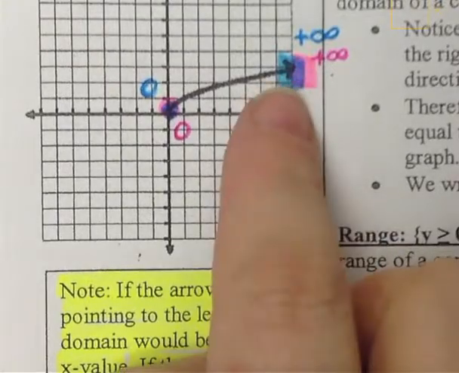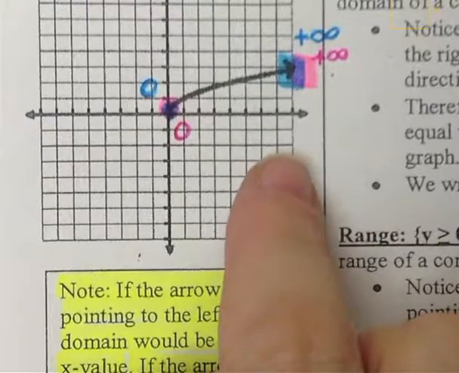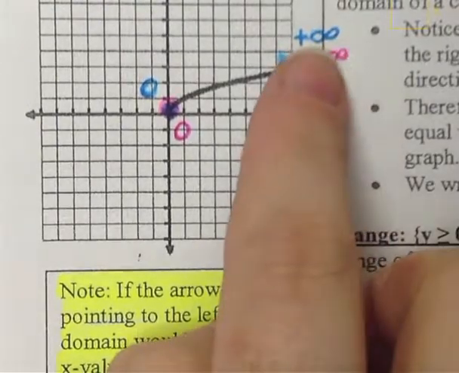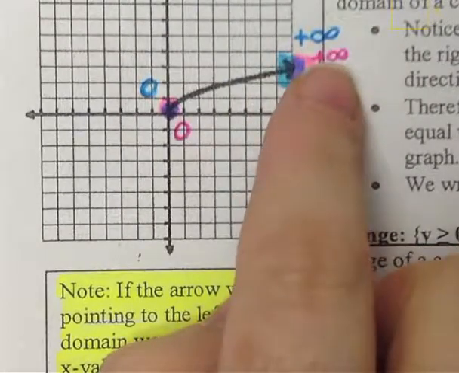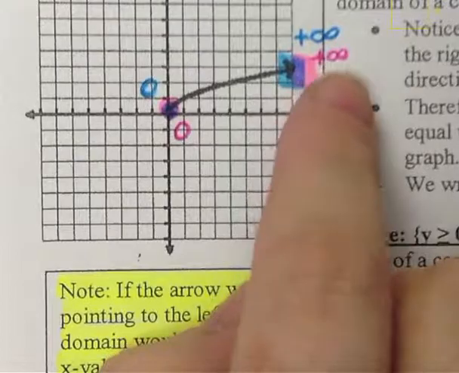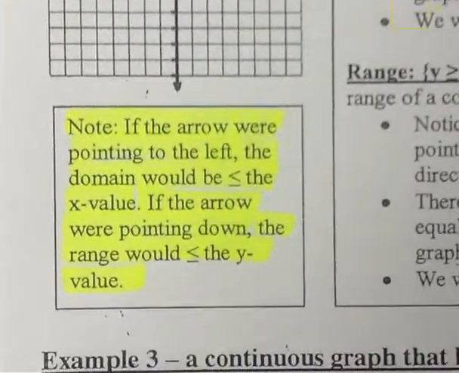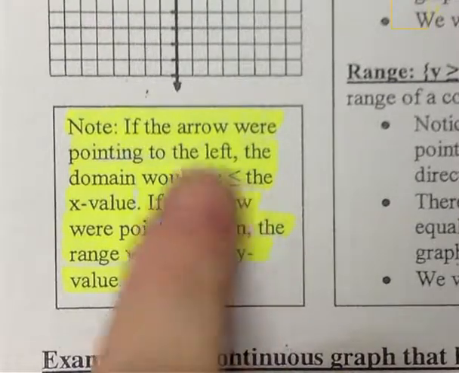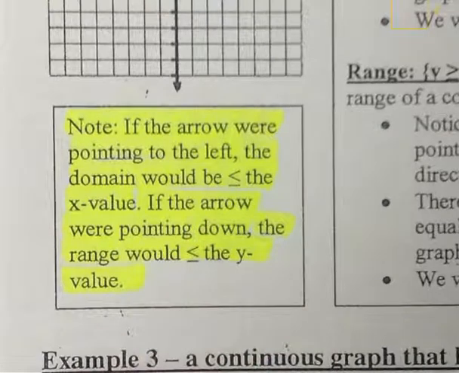So the arrow means we're going to have an infinity. We just have to determine which direction is it pointing in. So domain, is the arrow pointing left or is it pointing right? For the range, is the arrow pointing up or is it pointing down? So we need to know which infinity it will be. But if there is an arrow, we're going to have a less than or greater than symbol for the value of the number that we have.